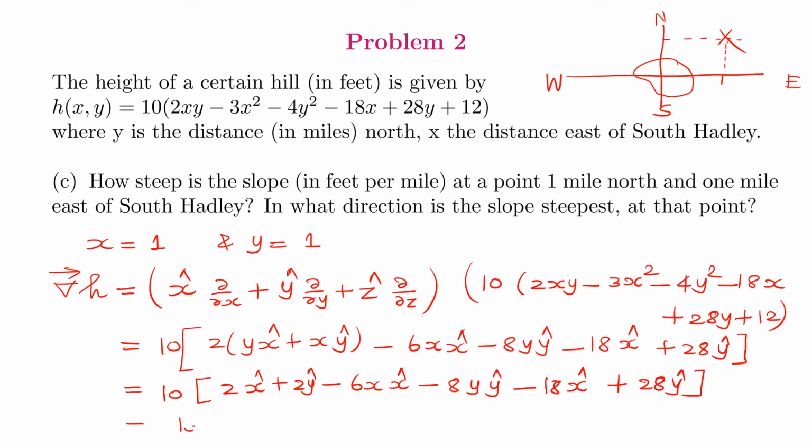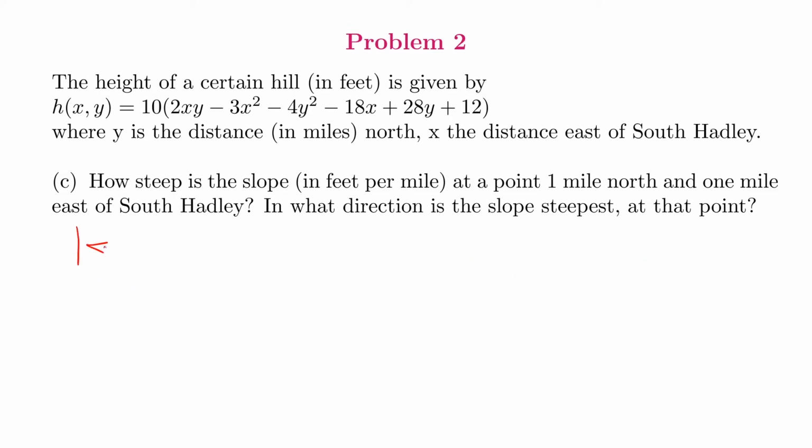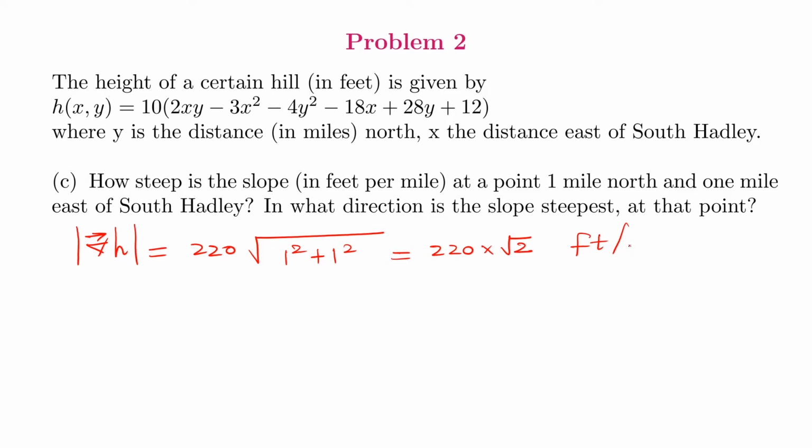This is equal to 10 times (minus 22 x hat plus 22 y hat). This is equal to 220 (minus x hat plus y hat). And the magnitude of the gradient is equal to 220 square root of 1 square plus 1 square. This is equal to 220 times square root of 2 feet per mile.